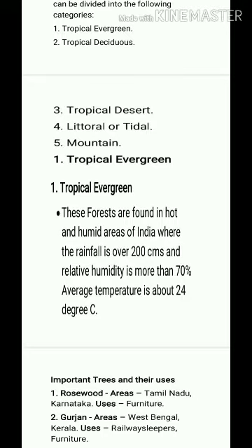Tropical evergreen forest is generally found in hot and humid areas of India where the rainfall is over 200 centimeters and relative humidity is more than 70%. Average temperature is about 24 degrees Celsius. The trees are over 60 meters high and there is no fixed time for trees to shed their leaves. Therefore, the forest appears green all the year round.